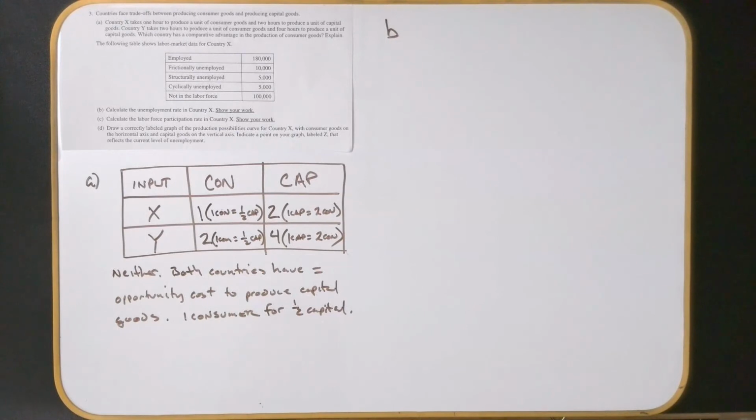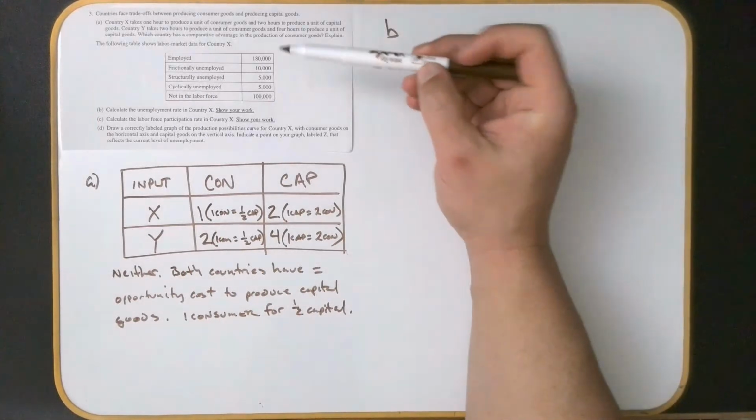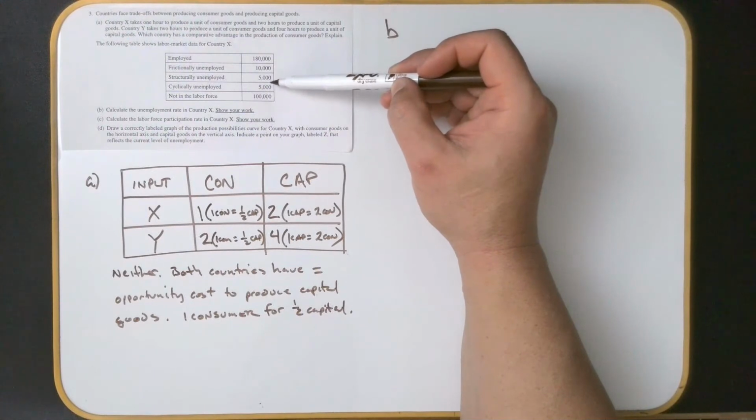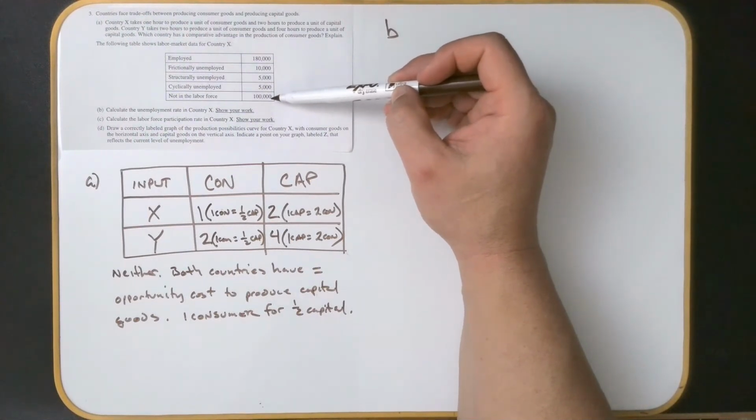Structurally unemployed, their skills went away, won't be back. Those jobs are different, the classic, the VCR repairman, the travel agent, that type of thing. And the cyclically unemployed is the bad one, and that's because your economy is not doing well. Okay? So it looks like we have 180,000 people working, 10,000 people frictional, another 5 structural, another 5 cyclical, and then 100,000 not in the labor force.